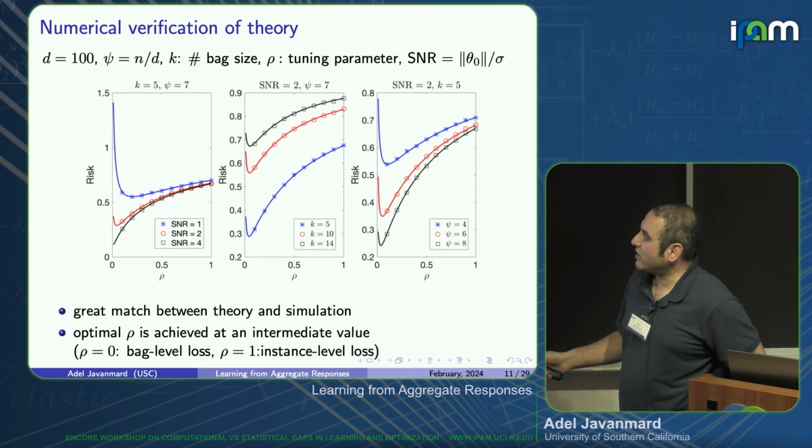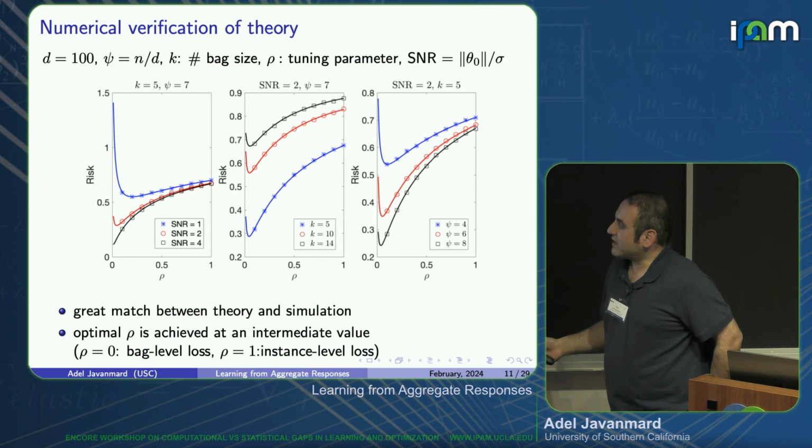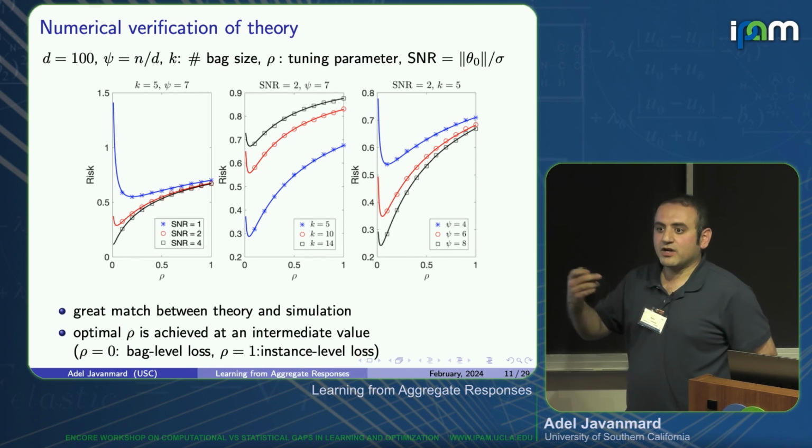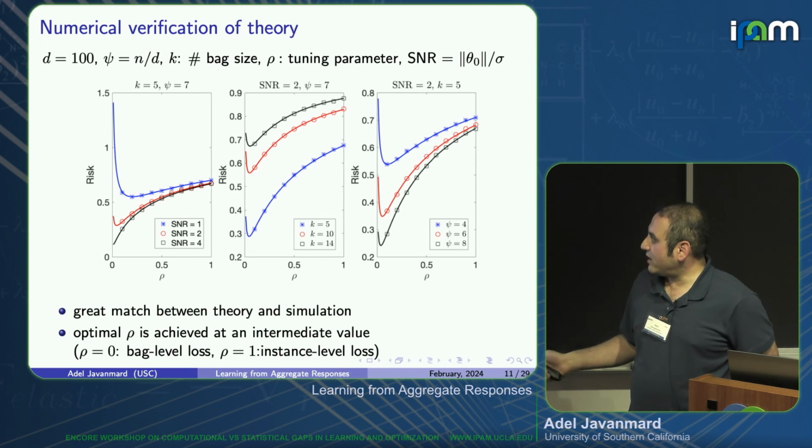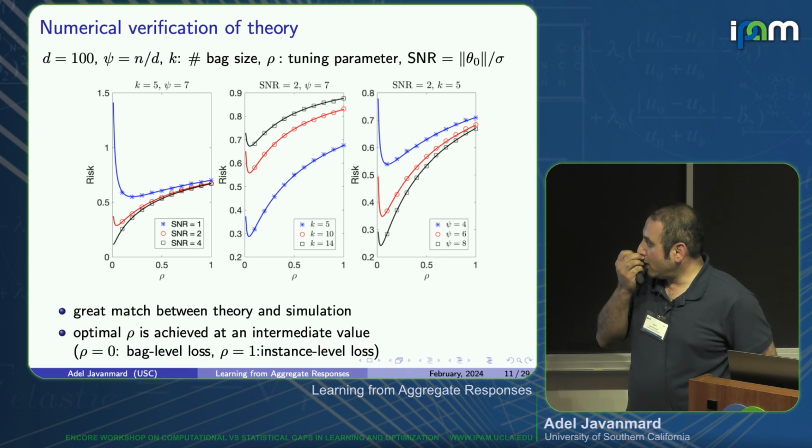So K, the larger K means that your risk is higher, which is what we expect. The other one is that psi is n over d. So if you have larger psi, it means that the number of measurements that you have per feature dimension is larger. So if psi is larger, then the error would be smaller. Like psi equal 8 is the smaller.